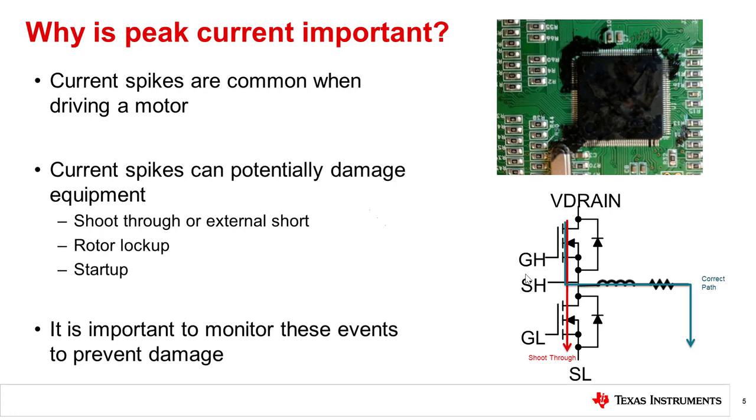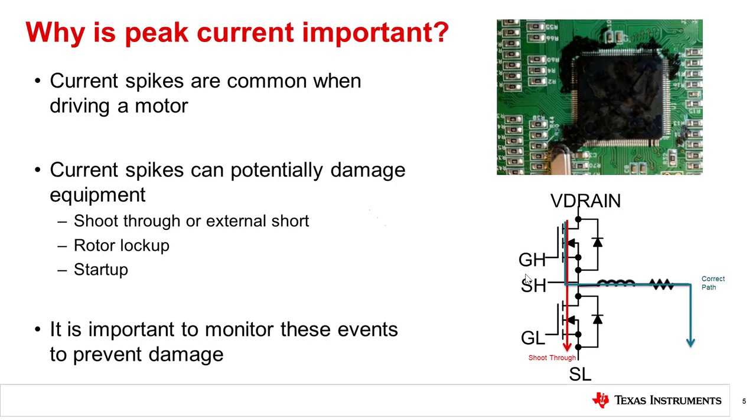Another event that can cause high current is when the rotor of a speed-controlled motor is suddenly stalled during operation by an external force. Since the gate driver is attempting to maintain a certain speed, the controller will rapidly increase the current through the phase windings to increase the torque on the rotor to move it to the next position.